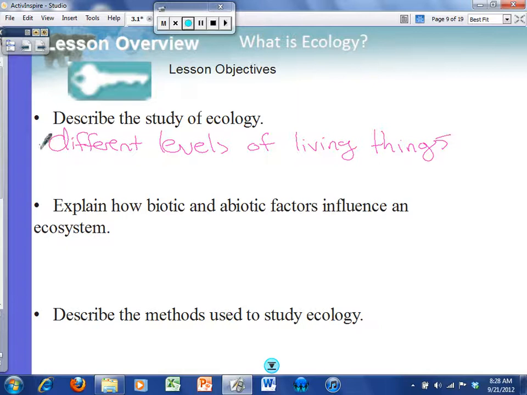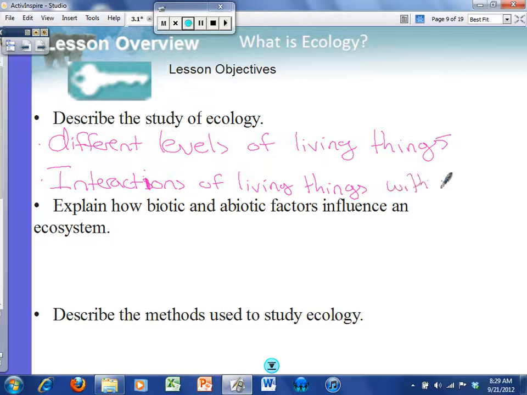And then also, I'm coming back to that buzzword there. I think we're studying the interactions. So when we're studying ecology, we're studying different levels of living things, and we're also studying the interactions. Okay? Let's look at the next one, and we can come back and add this if we want later.